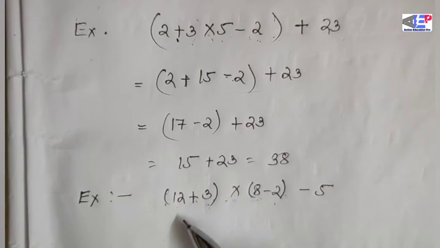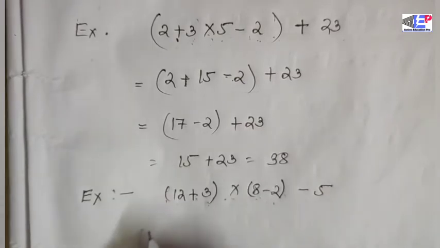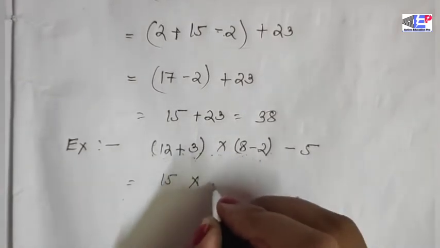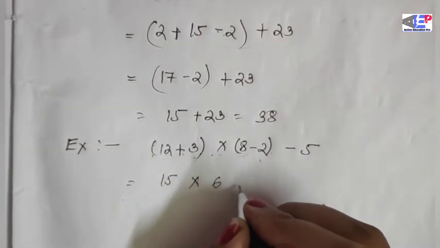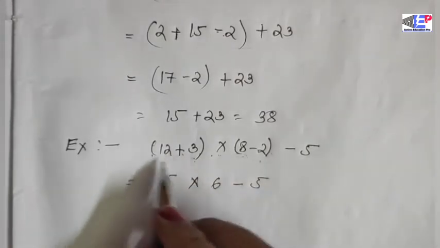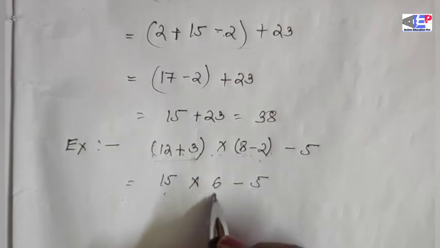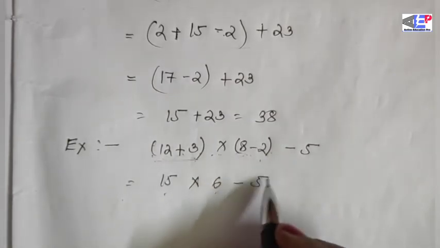First we add and subtract inside. 12 plus 3 is 15, into 8 minus 2 is 6, minus 5. First solve this bracket, write its value, then solve the other bracket, write its value, and simply minus 5.